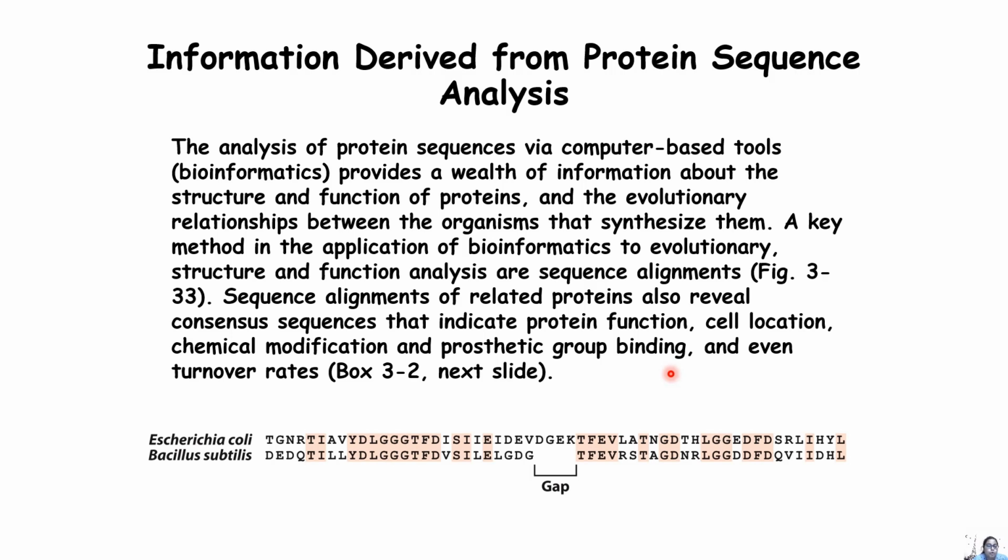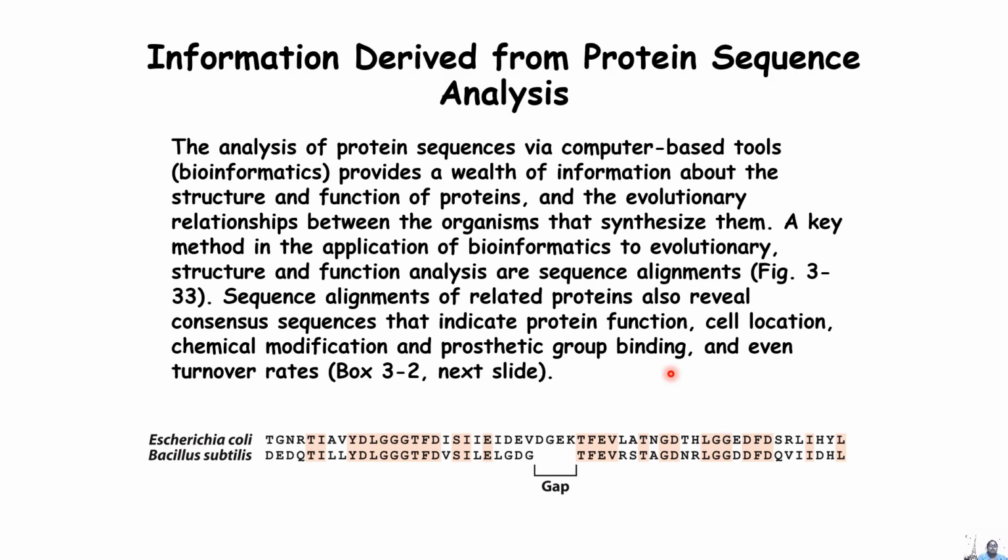If you know the sequence of a protein, it tells you the specific amino acids at which spots, and which type of amino acids they are: polar, non-polar, hydrophobic, and so on. From there you can find out the folding of the proteins and how they interact with other partners. We can also find out the evolutionary relationships between the organisms.